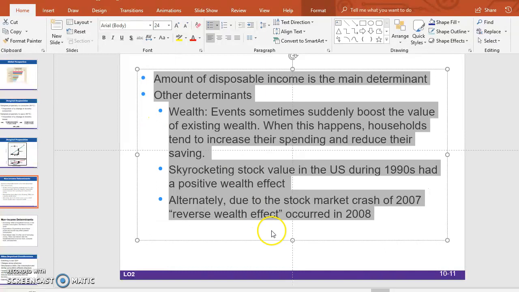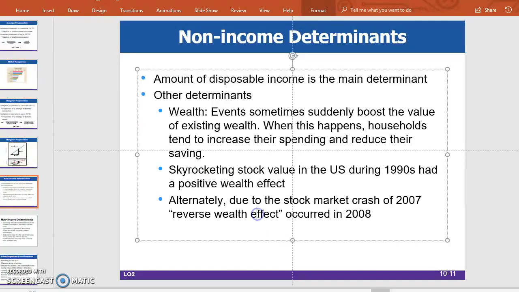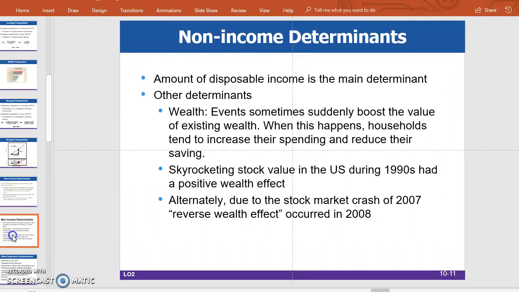As a result, people have suffered from a reverse wealth effect. Suddenly people see that after the market crash, the size of their investment has decreased, right? And then they become less wealthy. As a result, they will consume less, right? So if there is a stock market boom, people become more wealthy and consume more. But if there is a stock market crash or bust, a bubble burst, then there will be a reverse wealth effect.